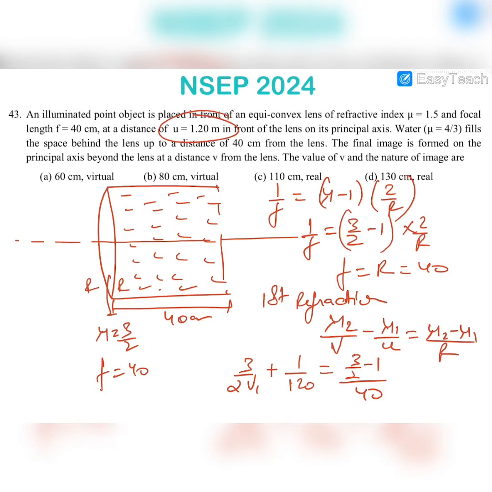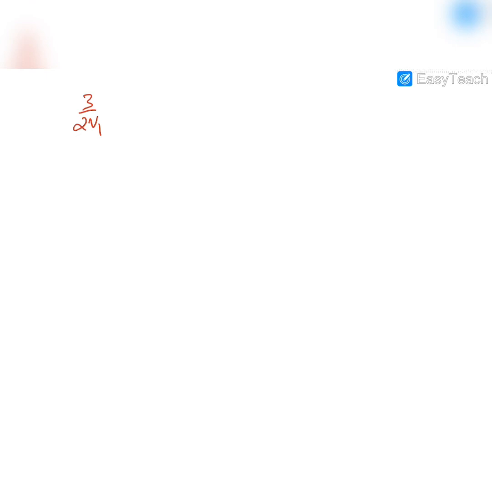So 3 by 2 v1 will be equal to 1 by 80 minus 1 by 120. So the LCM will be 240, and this will be 3 minus 2.